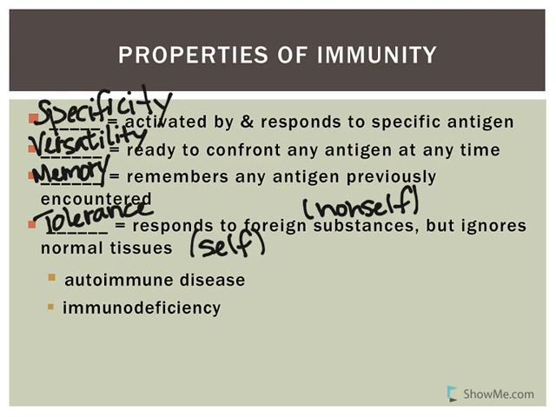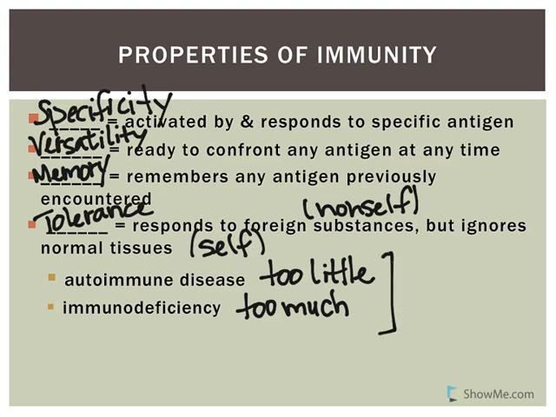So autoimmune diseases like Graves' disease or myasthenia gravis, here you've got too little tolerance. Here we're attacking your own body cells. With immune deficiency, you have too much tolerance. So here you're allowing these pathogens, and we're not fighting them off, and then we're going to get sick. So if you're immunodeficient, you get sick a lot. So this is where we have extremes, where you have too little tolerance or too much tolerance.